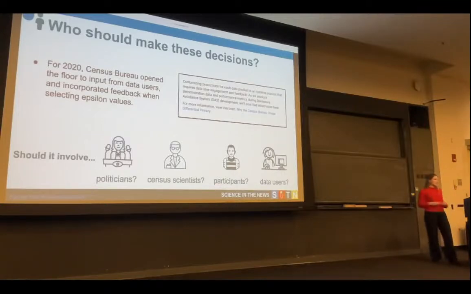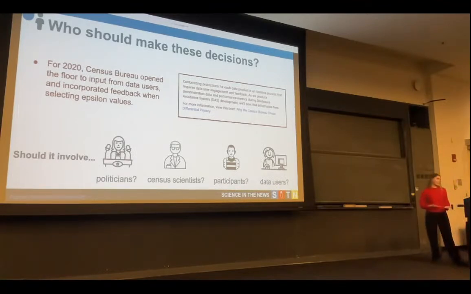And in terms of the stakeholders in this process, we can outline some of them here at the bottom of the screen. There was involvement from politicians, for example, as we saw with the state of Alabama suing the Census Bureau. We can think about what their motivations are in being involved in these processes. We can think about Census Bureau scientists who helped set these parameter values and what their motivations are in doing so.